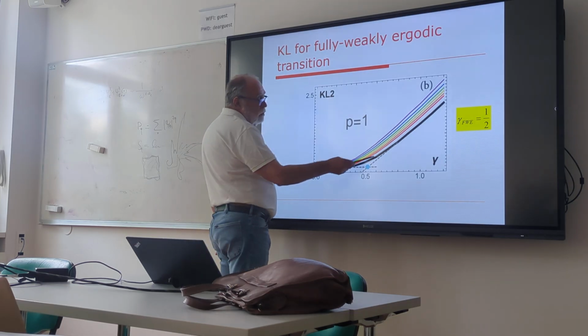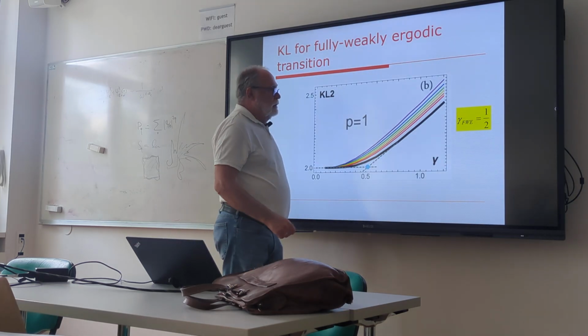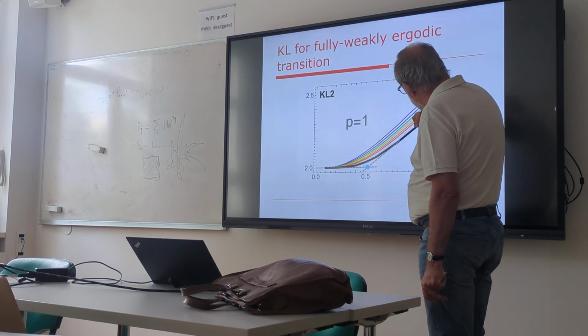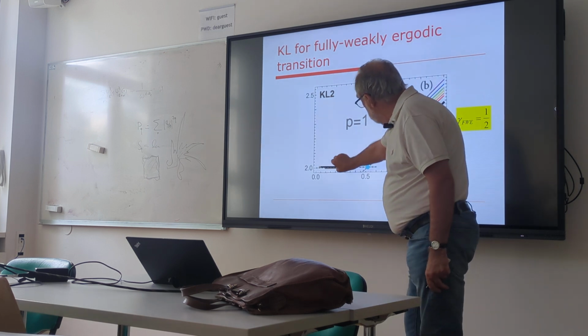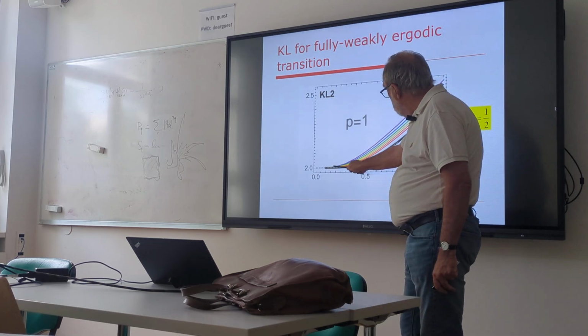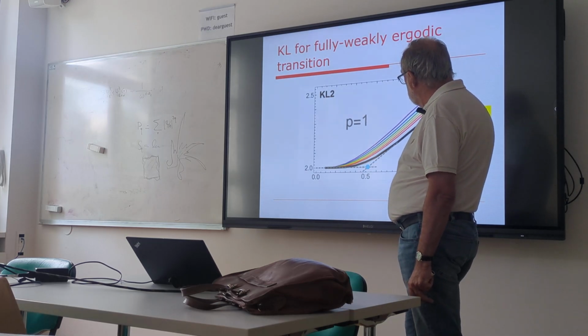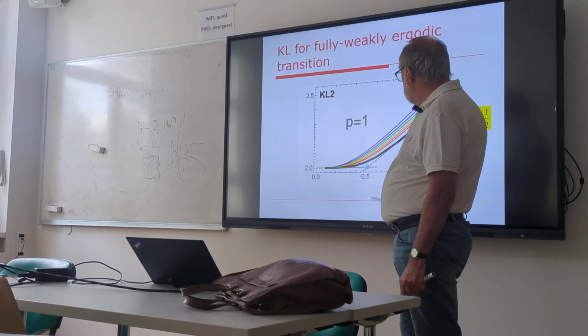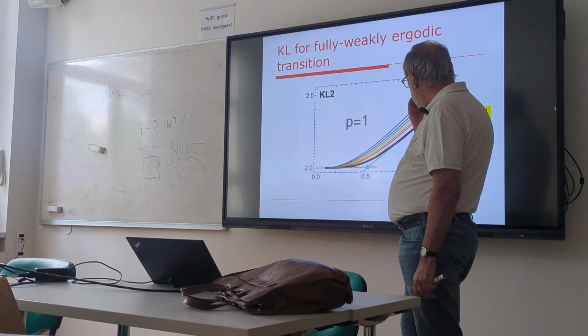When you do this extrapolation, then you see that this curve becomes almost a straight line, and this also becomes a straight line. And then you can do continuation of these two straight lines, and this continuation intersects at point 5.